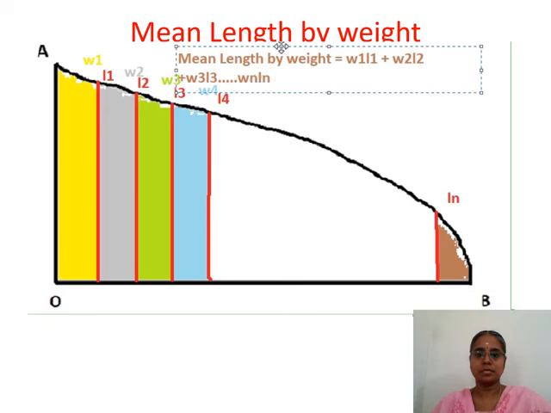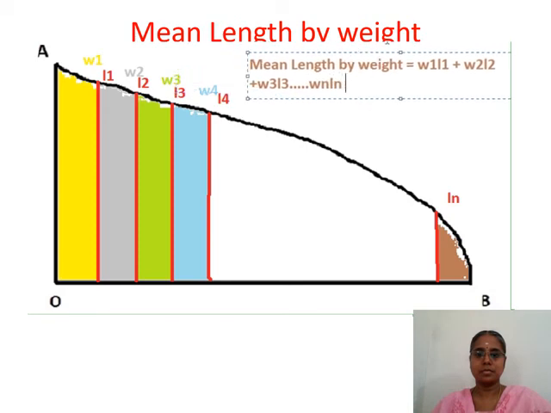So all weights are included, and this is divided by the total weight. Yes, so it is a weighted average.